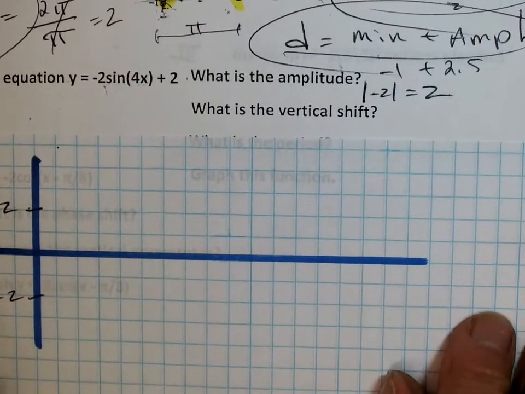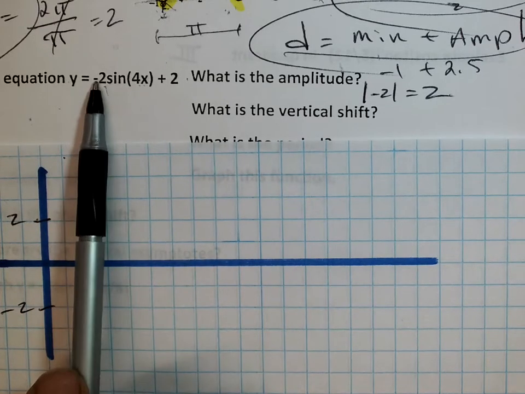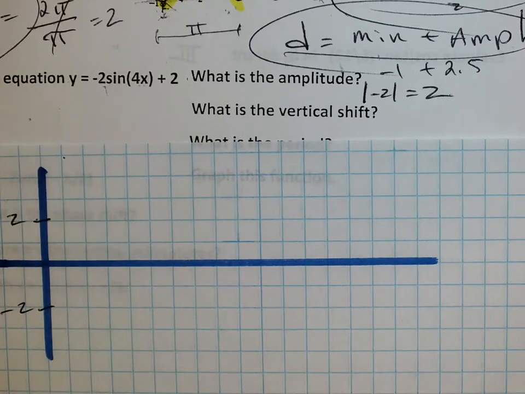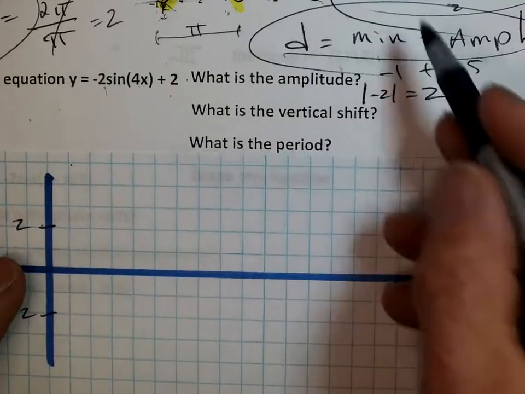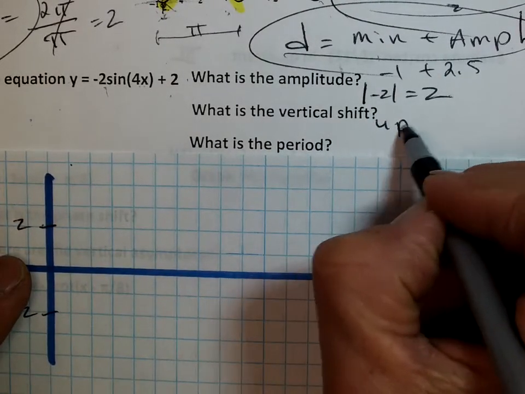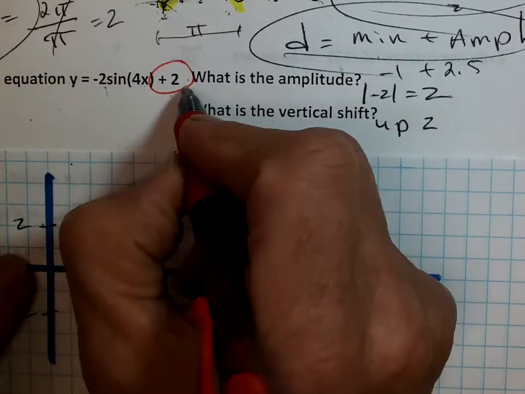Amplitude is always positive. So my amplitude is positive 2. Even though that's a negative, the negative just makes the sine curve upside down, right? The vertical shift is up 2, and that's from that number there.